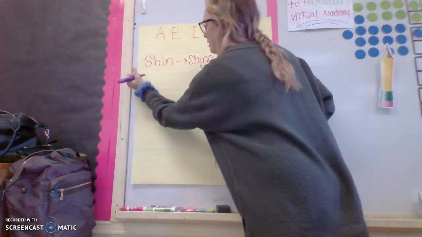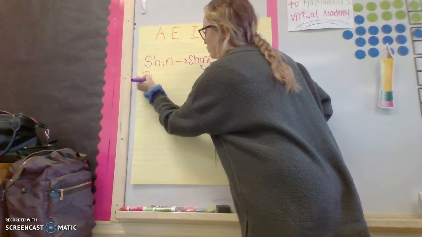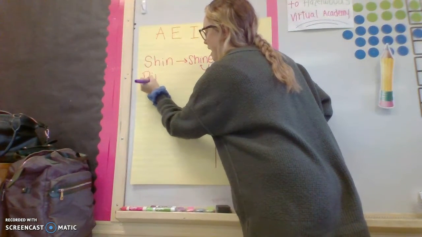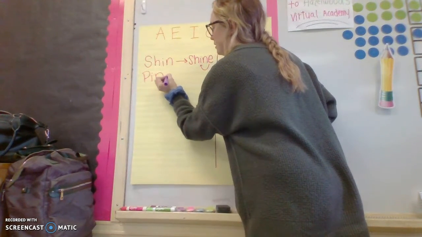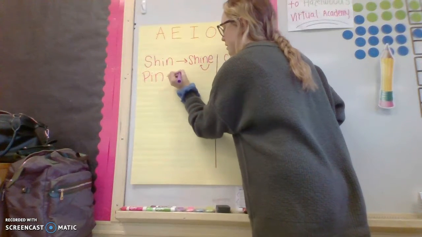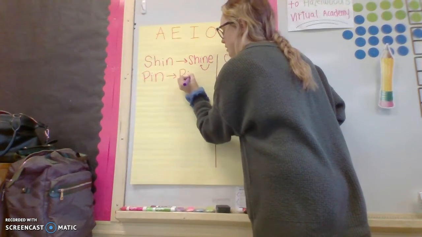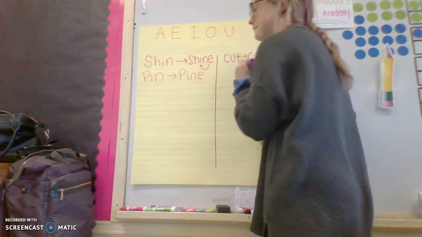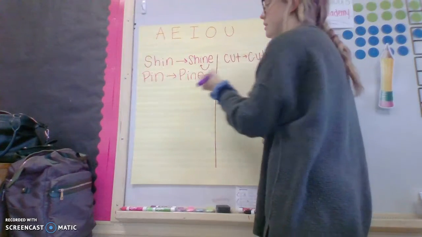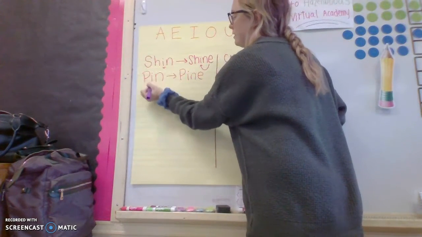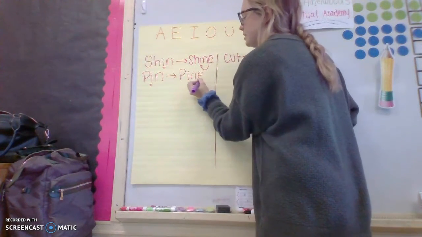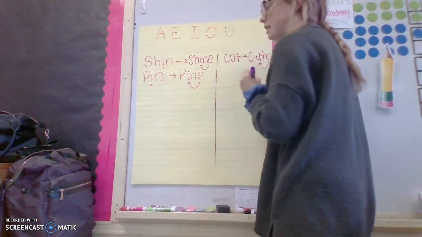It would go over here because we hear that I sound. The word pin, if we add an E on the end, turns to the word pine. They both have that I that is affected by that quiet E.